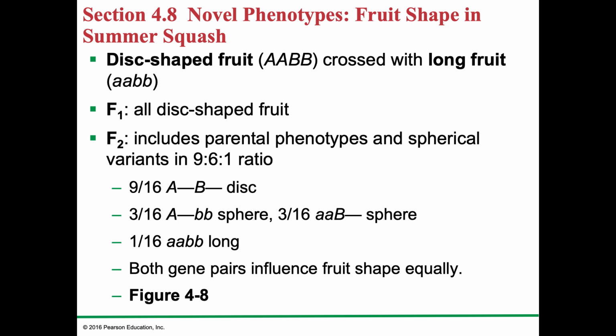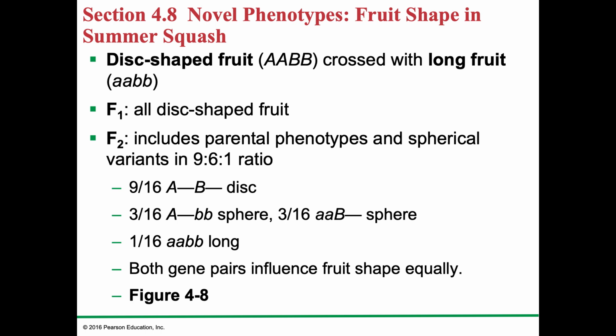Now, what happens when you cross the heterozygotes, the F1 generation? Remember, 3/4 of the offspring would carry the big A, 1/4 would carry the little a. 3/4 big B, 1/4 little b.